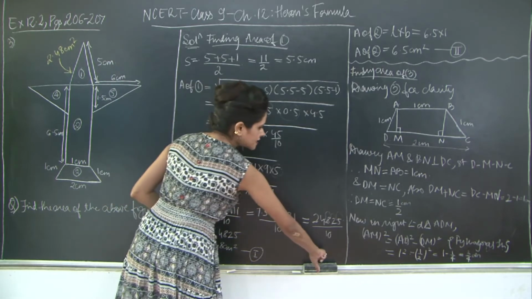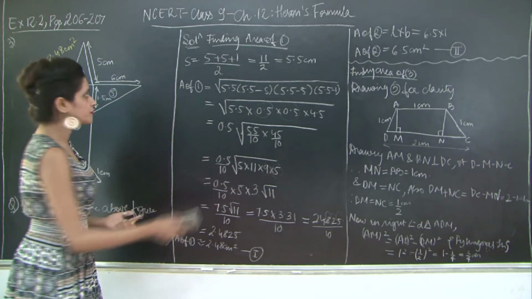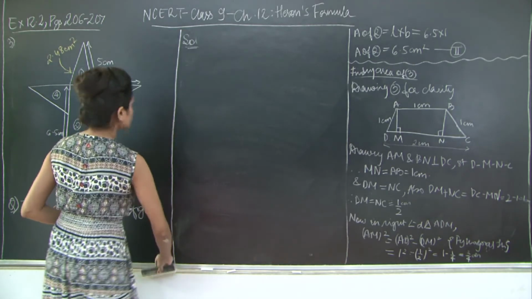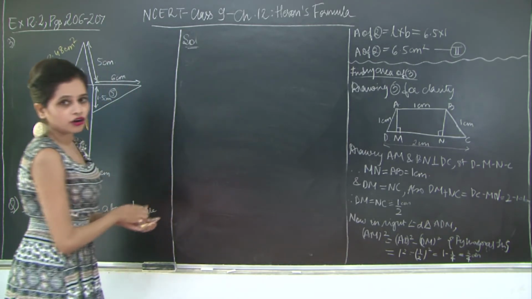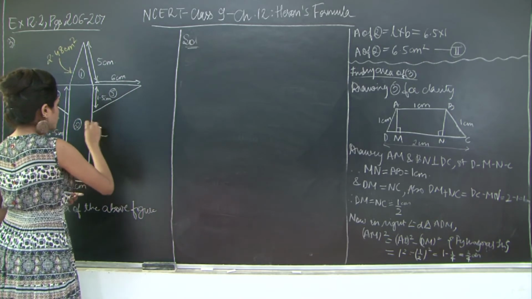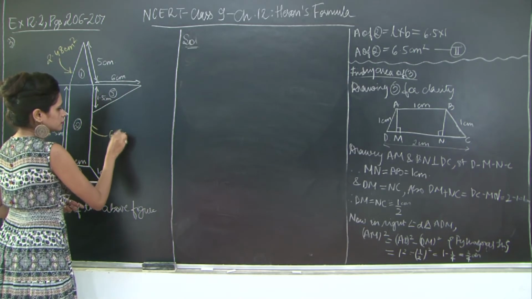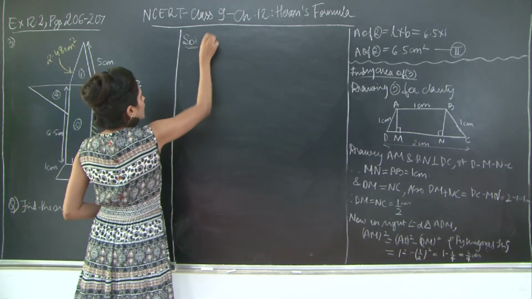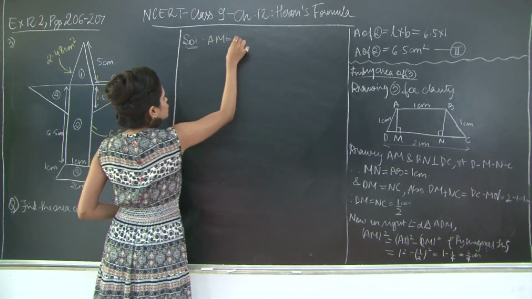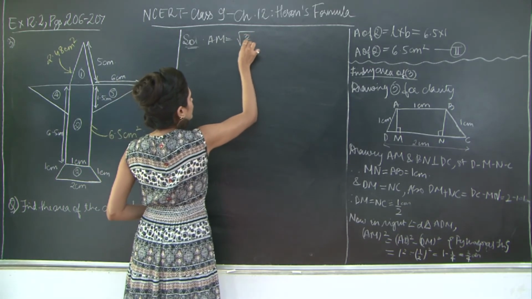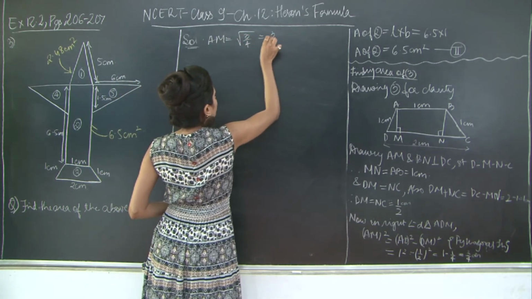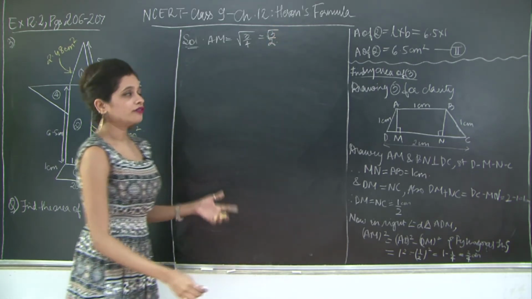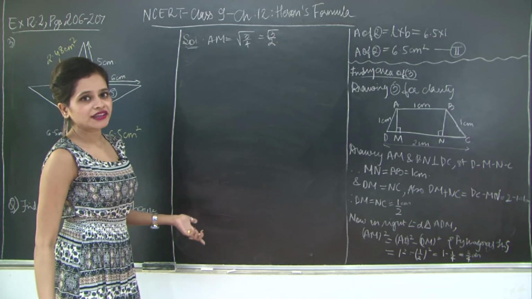Students, I'm erasing this part of the board so that we can continue further. And let us even mark the area of part 2, which is 6.5 centimeters square. Okay, so moving forward, AM is equal to under root of 3 upon 4, which is equal to root 3 upon 2. We know that the square root of 3 is 1.732.